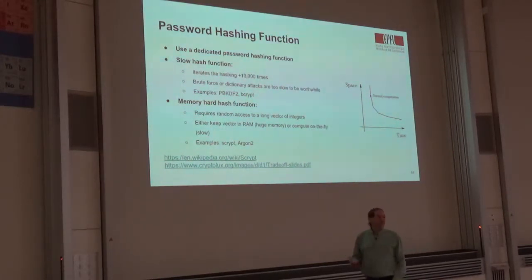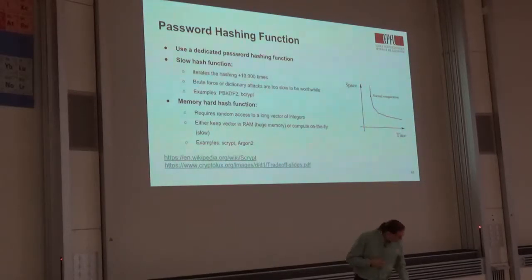But if an attacker gets a copy of the password database and tries to use a brute force attack, that will slow the attacker down by a factor of 10,000, right? And so that's, again, not a perfect solution, but it's good. Any way we can slow down an attacker who potentially gets a database by some significant factor, that's good.